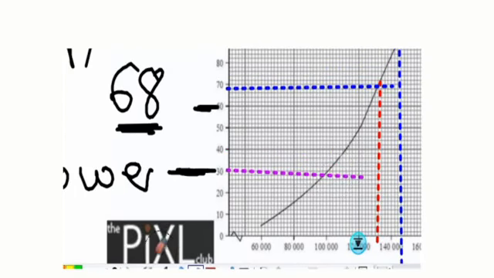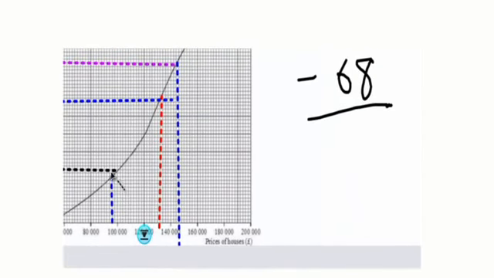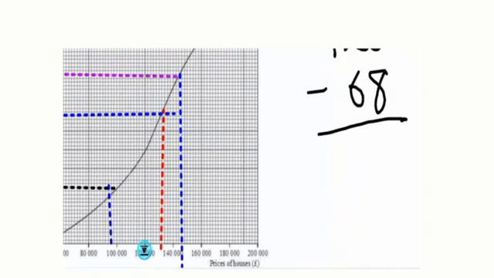See, my line for 30 has gone too far, so just pull that back to there so it touches the line only. And then a further line to come down.